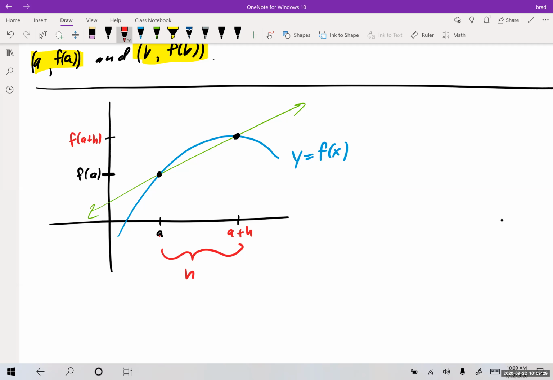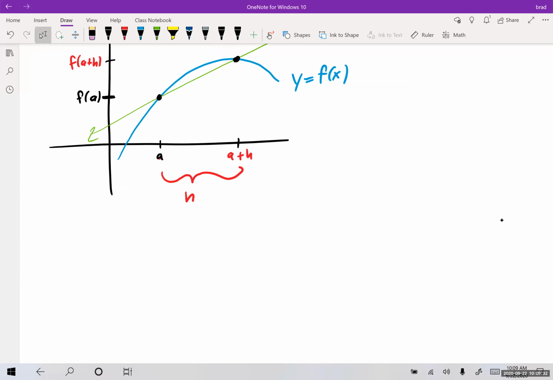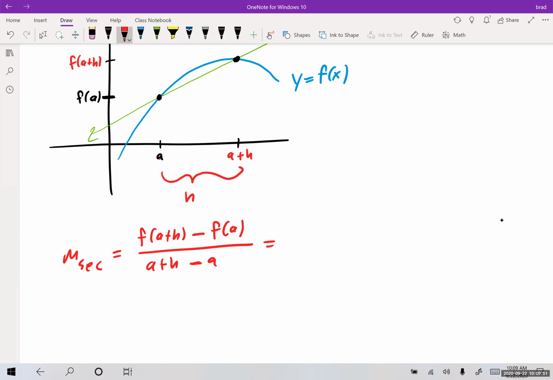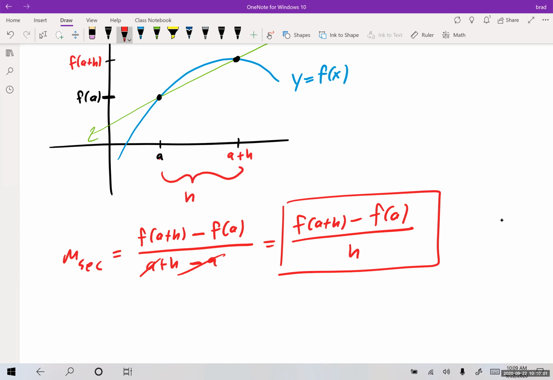So if we wanted to find the slope of this secant line, we could say that m secant is equal to f of a plus h, because that's my higher y coordinate, minus f of a all over b minus a. But in this case, b is a plus h minus a. So this becomes f of a plus h minus f of a all over, the a's cancel, all over h, right? So this would be our new formula based on the way I wrote it above, okay?